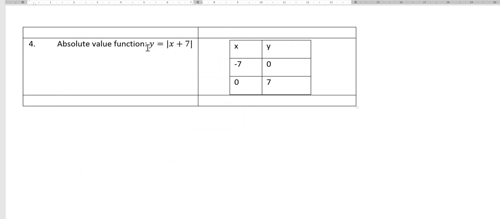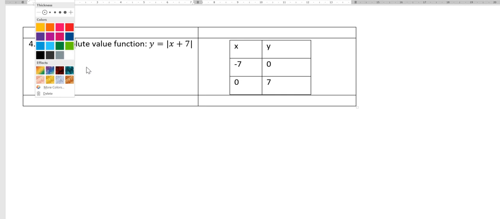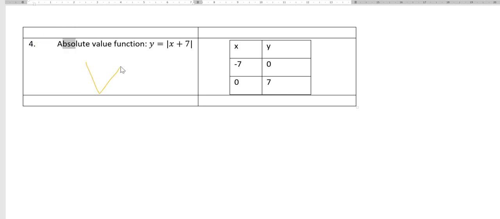Now we know the absolute value function is a V-shaped graph. It's either a shape like this, or a shape like this, right?